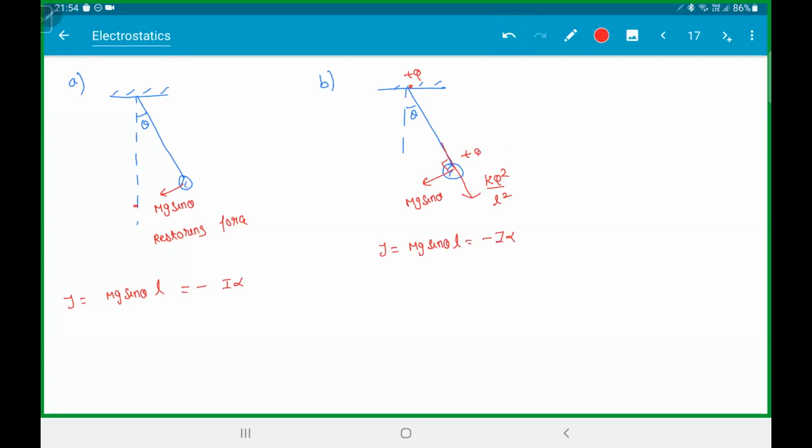The tension in the string will increase, but the repulsion force will always be along the string. That will never generate a restoring force. So the electrostatic force is always along the string. It will never bring you back to the mean position. Therefore, there is no restoring torque. So torque due to F is 0.